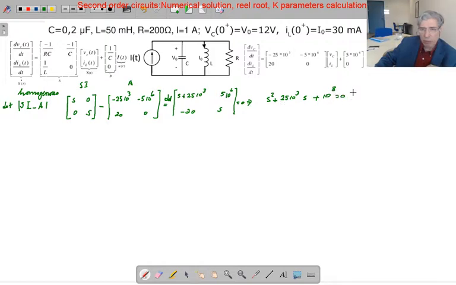I am not going to solve this one. This is a second order equation. You are going to find the roots of this. These roots are the characteristic roots. These values become minus 5,000 and minus 2,000. You do the calculation.